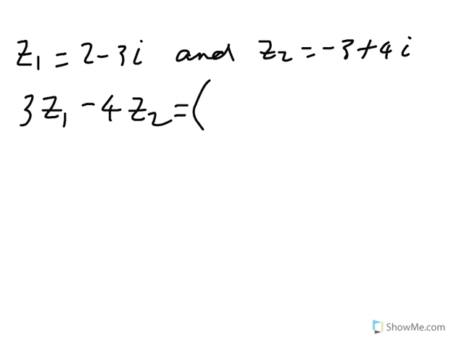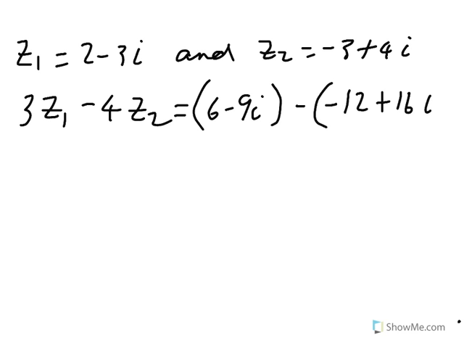So 3 times z1 is 6 minus 9i, and from that I'm going to take 4 times z2, so 4 times negative 3 is negative 12, and 4 fours are 16i.